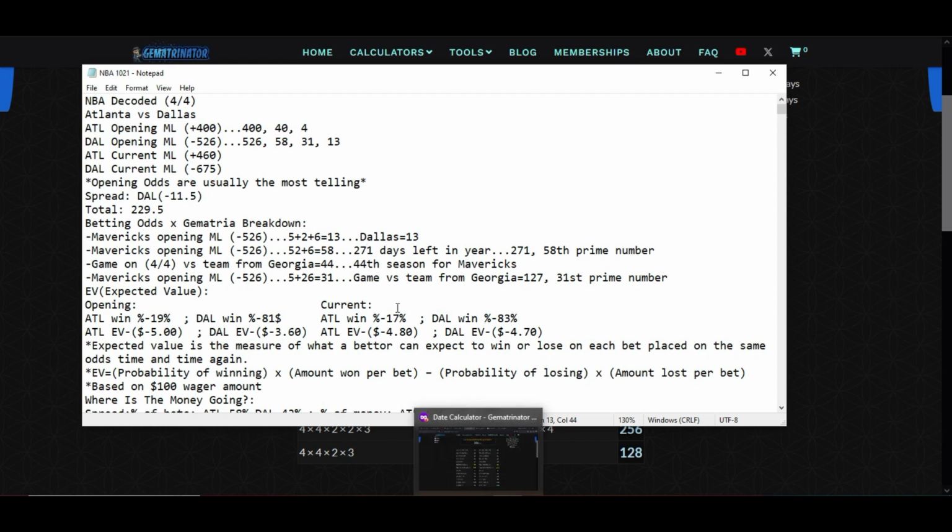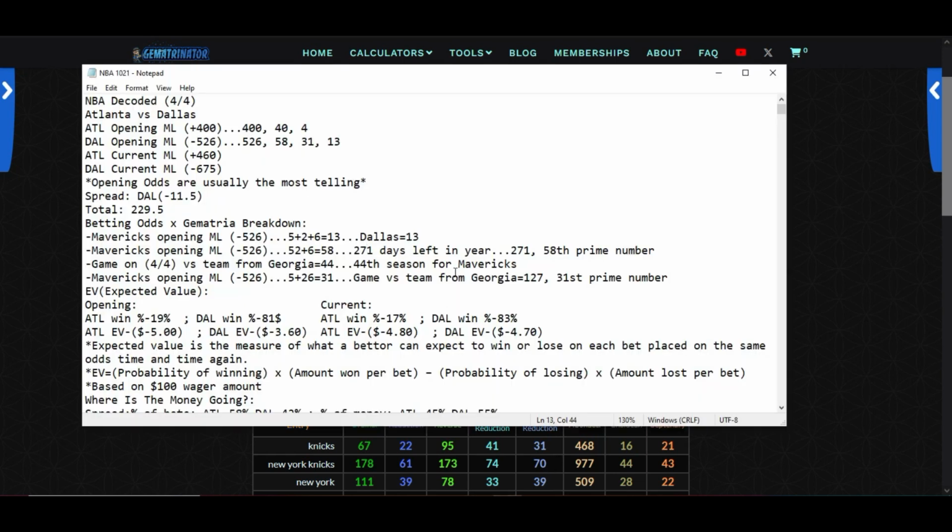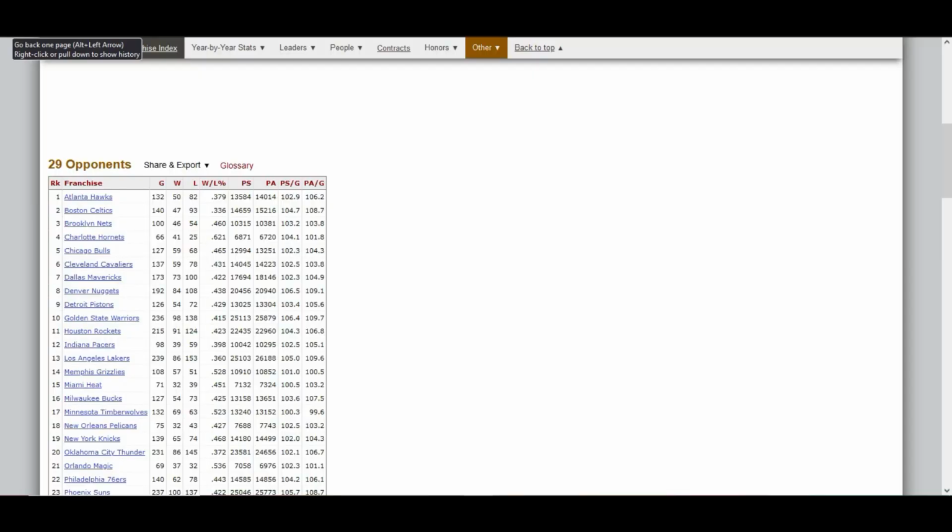April 4th leaves game on 4-4, April 4th. Team from Georgia equals 44. Let me show you that. Georgia equals 44. You can see right here. What's the date? 4-4, April 4th. And it's the 44th season for the Mavericks.